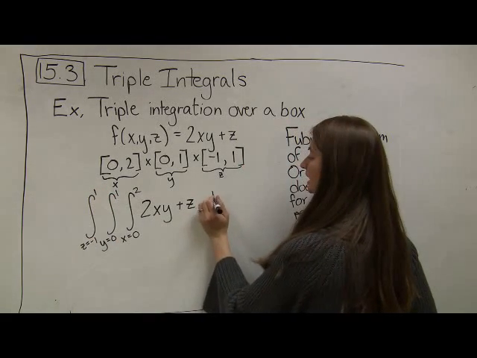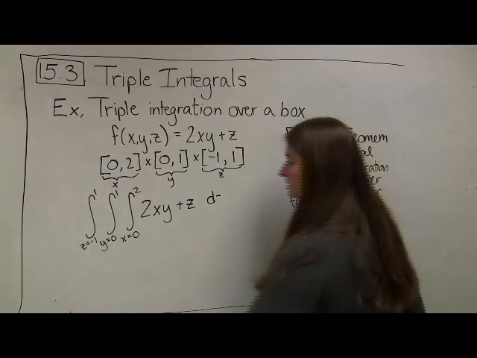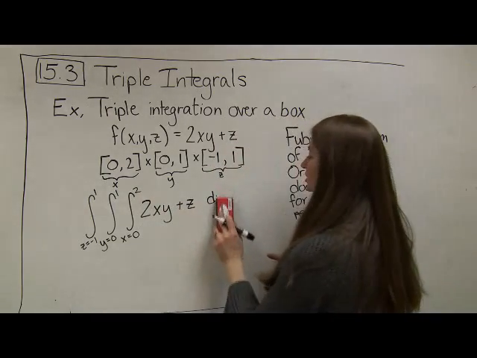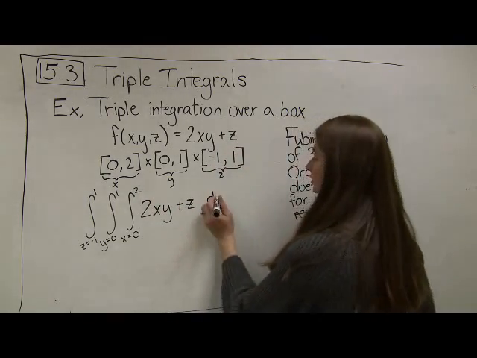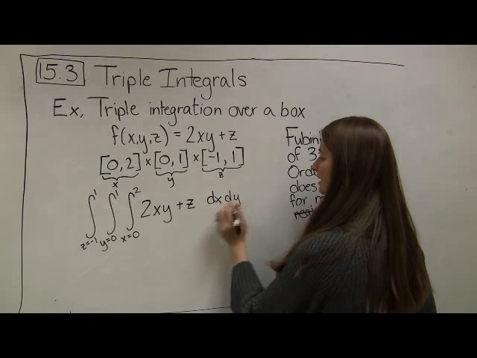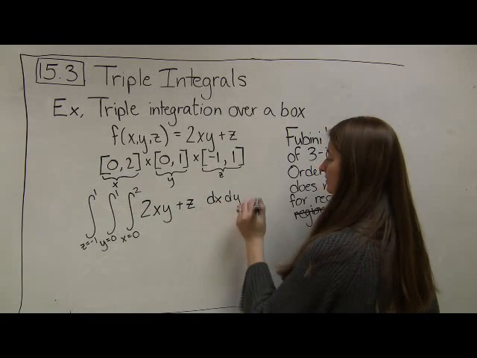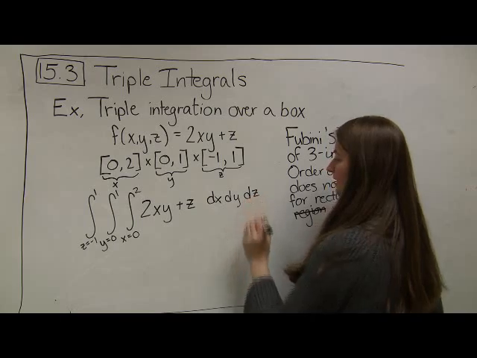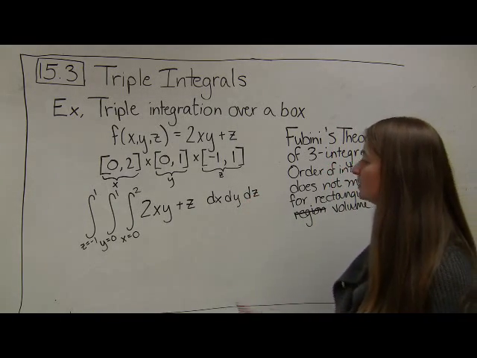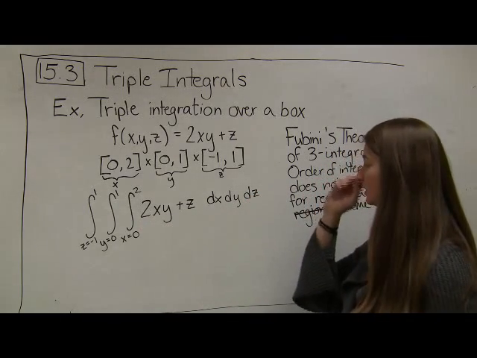What does matter is that I make sure that my integration bounds always match the order of my differentials. So if I start with my bounds on x, it means I have to take my integral with respect to x first. So let's go ahead and start computing this integral.